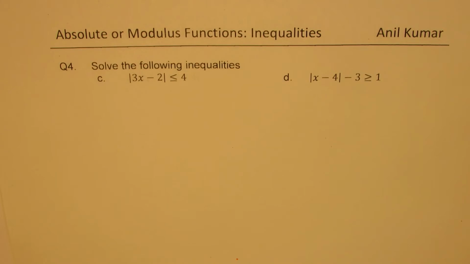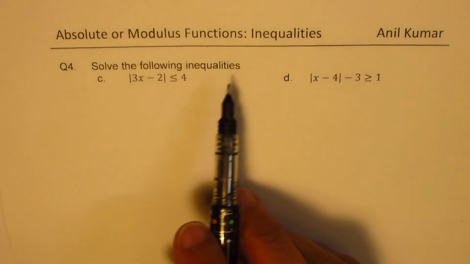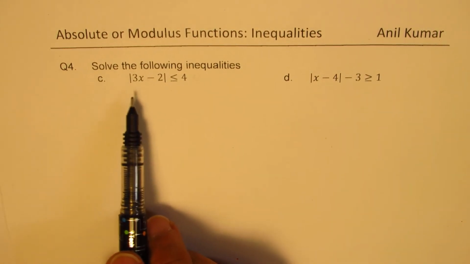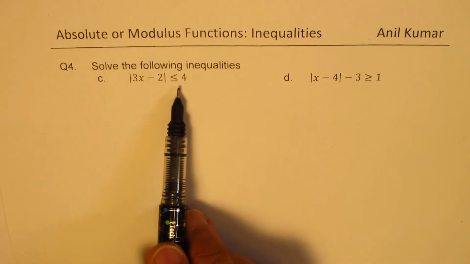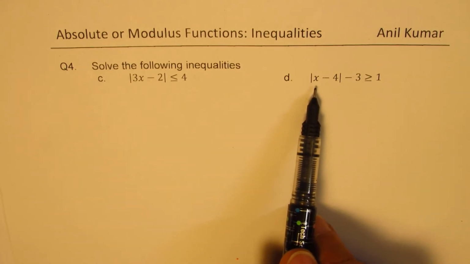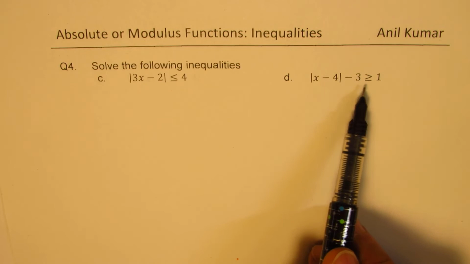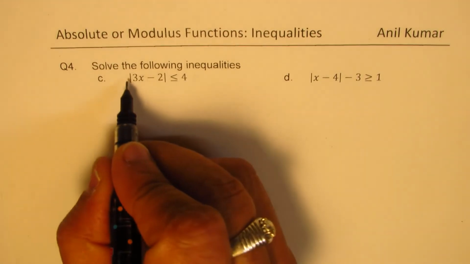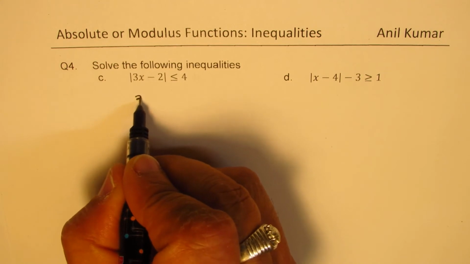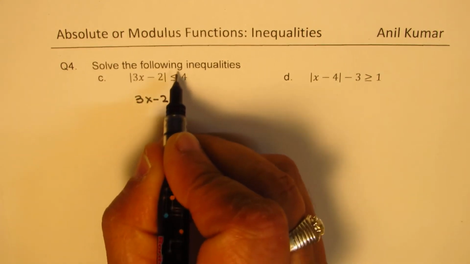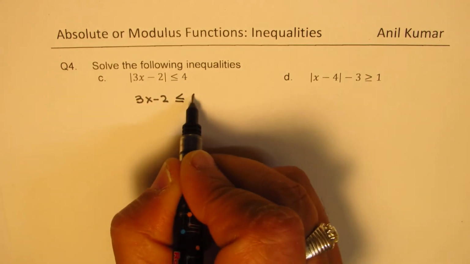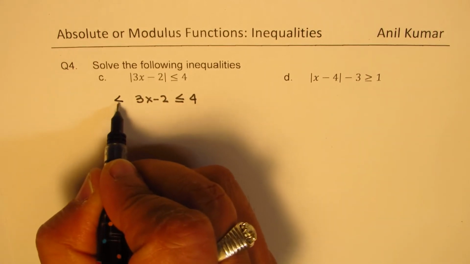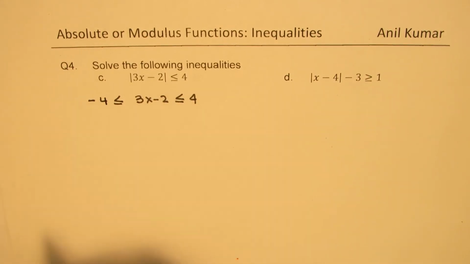Perfect? Question number 4. Solve the following inequalities. Absolute value of 3x minus 2 is less than or equal to 4, and absolute value of x minus 4 minus 3 is greater than or equal to 1. When we have less than or equal to, that means we are talking about this thing within an interval, and that interval is bounded by 4 on the upper side and minus 4 on the lower side.